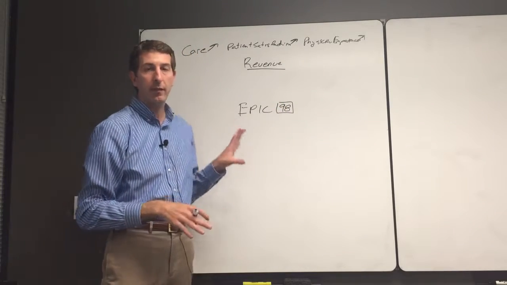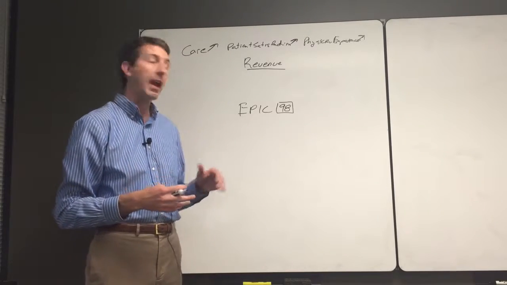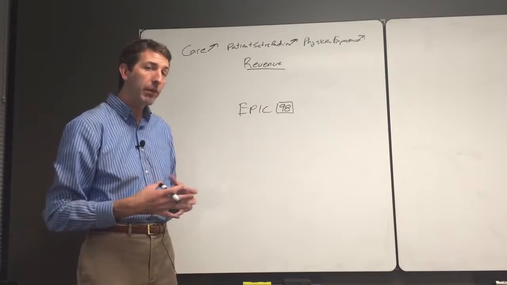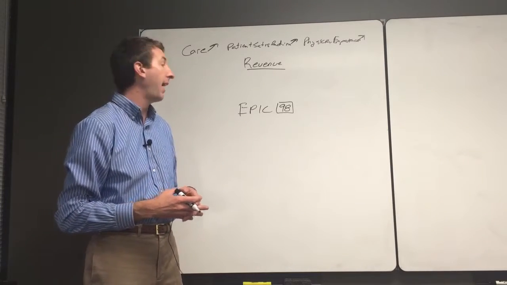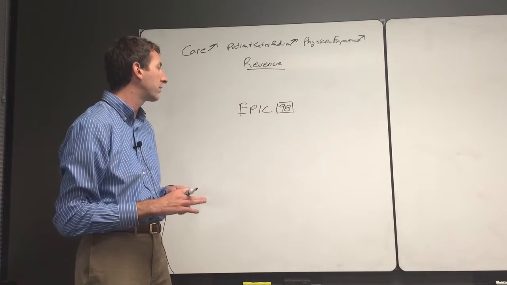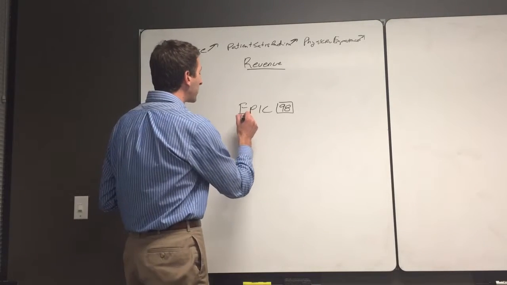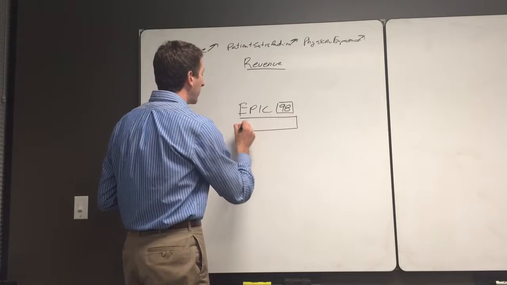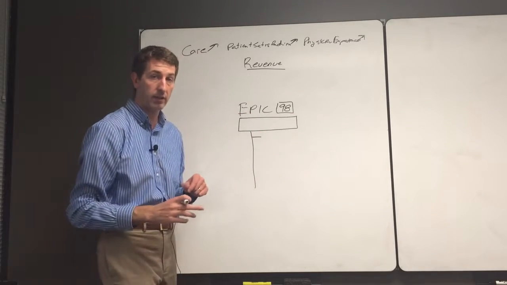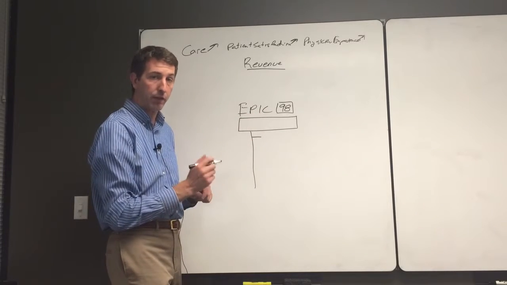In the context of an application, application health is the degree to which Epic is behaving the way we expect based on the way we've seen Epic behave in the past, as comprised of all of its individual moving parts. And we'll go into this in some more detail because this is a little bit of a complicated concept. So basically, what we're saying is, within an organization, we have a number of performance data repositories that together will help us understand the health and well-being of Epic as a whole.